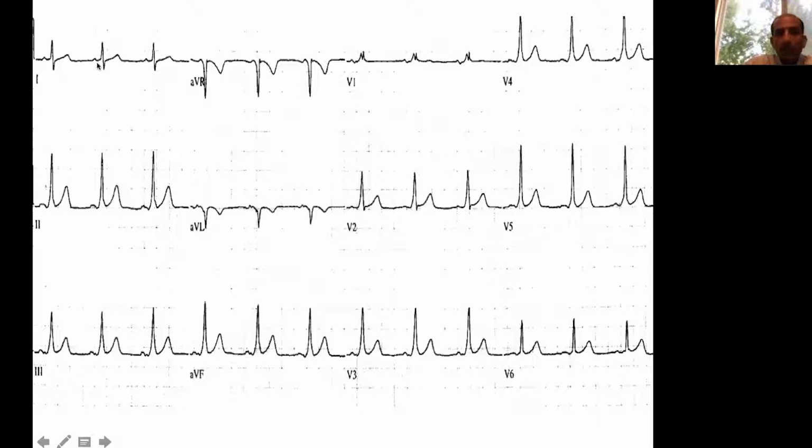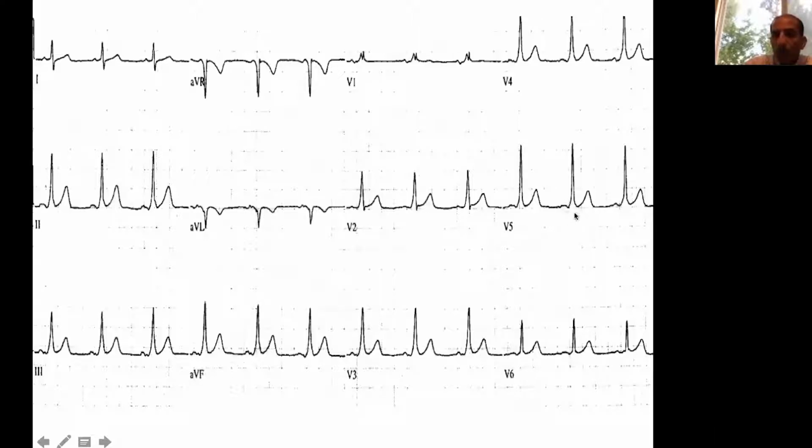Here you see a P wave followed by a short PR interval. So you see a P wave and a QRS complex, and this is less than 120 milliseconds. And you see what we call a delta wave, and then you see a wider QRS.